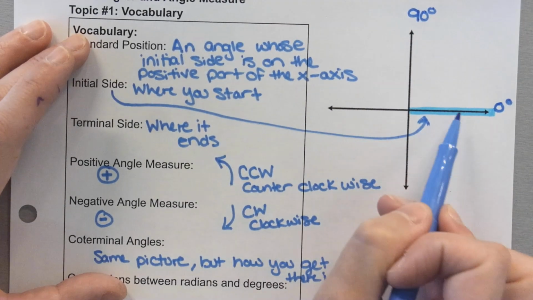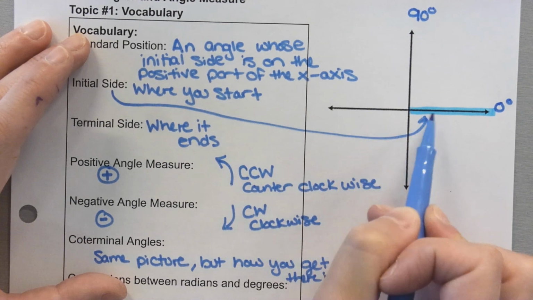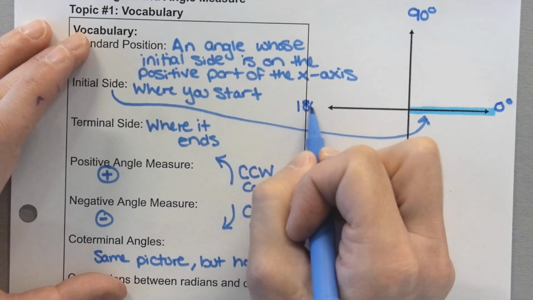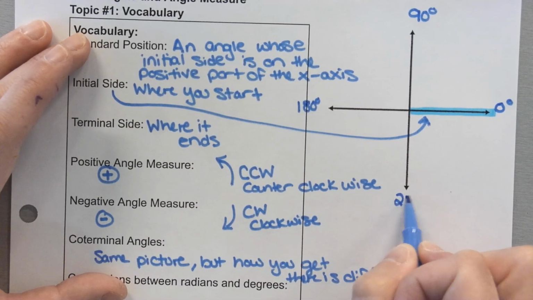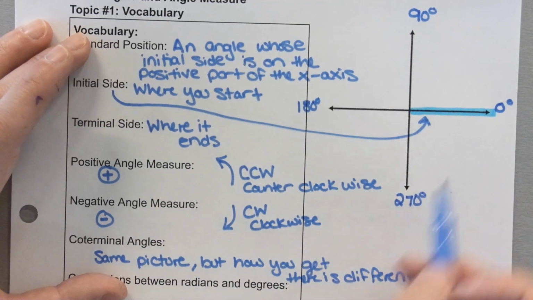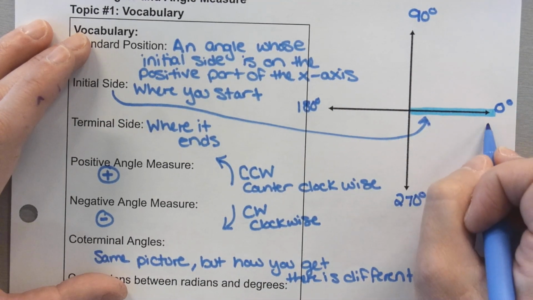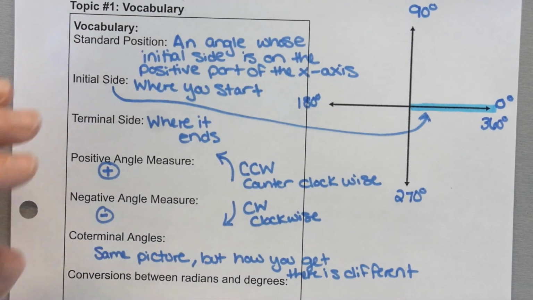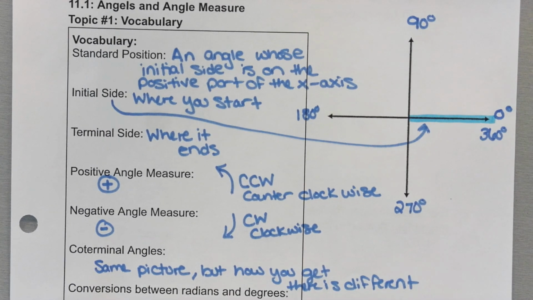What if I rotated halfway around this circle, all the way to here? 180. Perfect. Down here, we would have to add another 90, so this would be 270 degrees. And what if I did a full rotation? I spun around once. That would be 360. Okay.